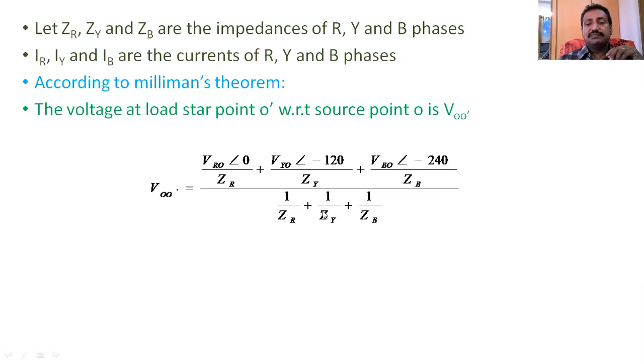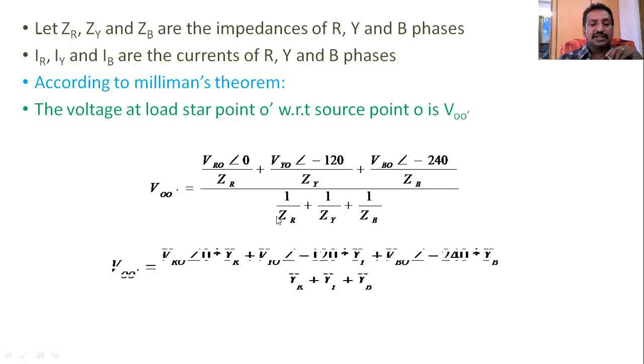How we get this Millman's theorem will be explained further on. So I1 is equal to voltage by impedance, I2 is voltage by impedance, and I3, that is IR plus IY plus IB, divided by the admittances YR plus YY plus YB, so 1 by ZR plus 1 by ZY plus 1 by ZB.